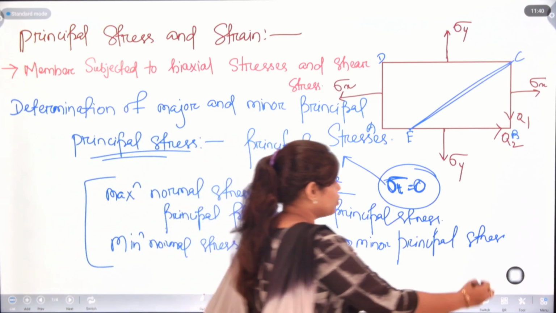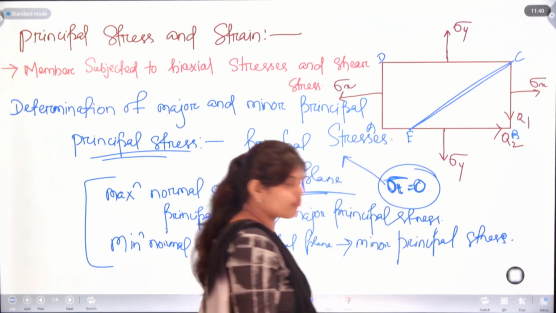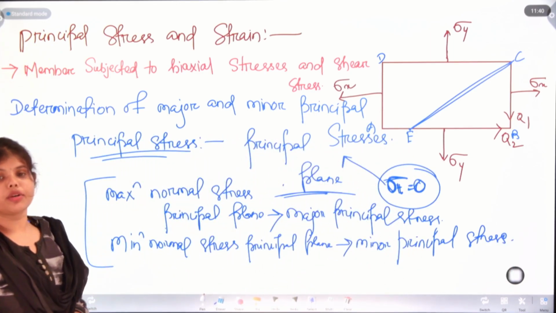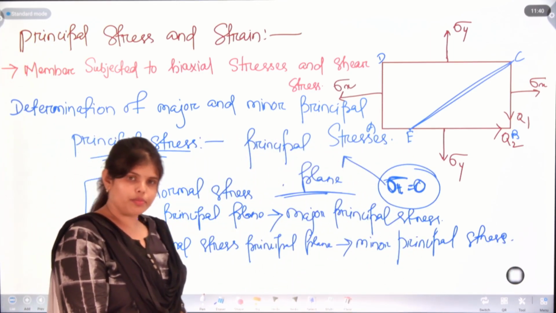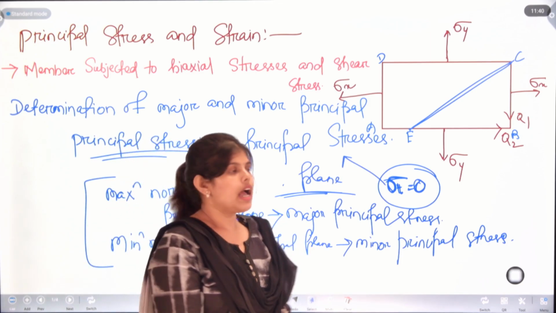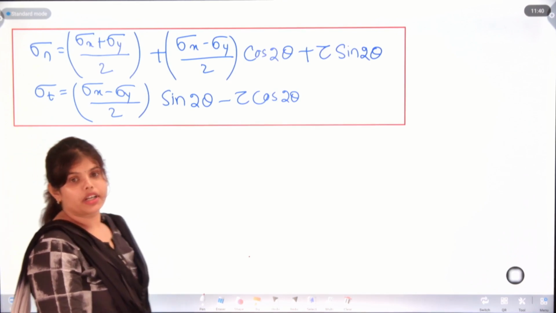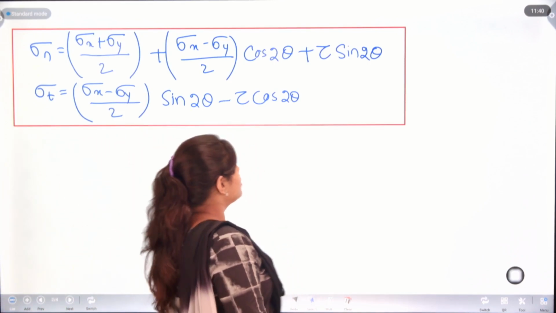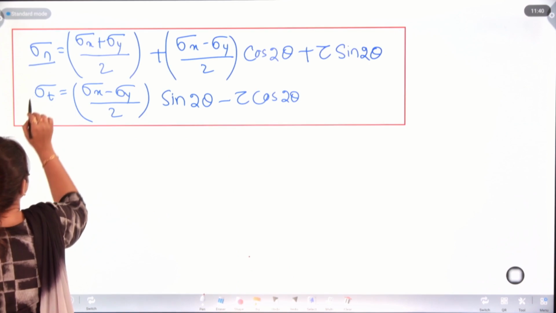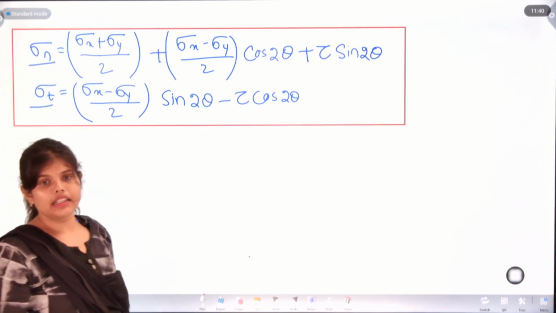So how to find out maximum and minimum normal stresses? As in our previous class, we have already found out the formulas for normal stress and tangential stress.